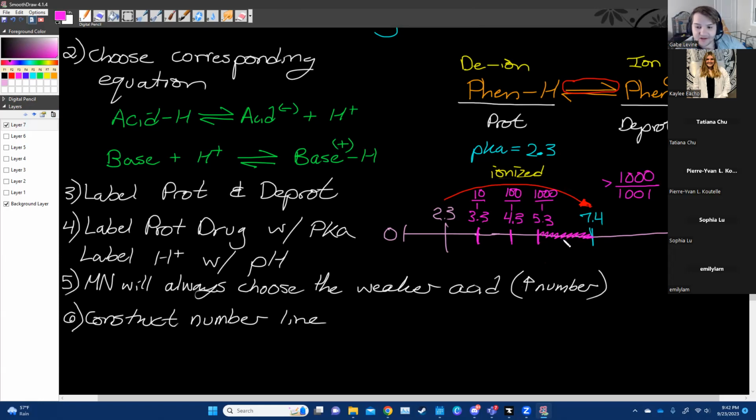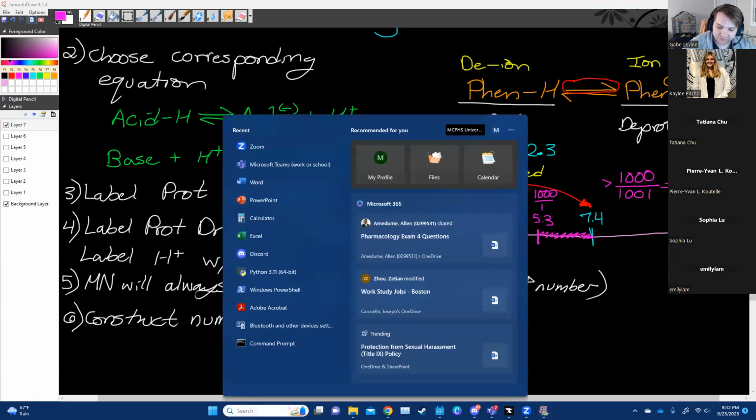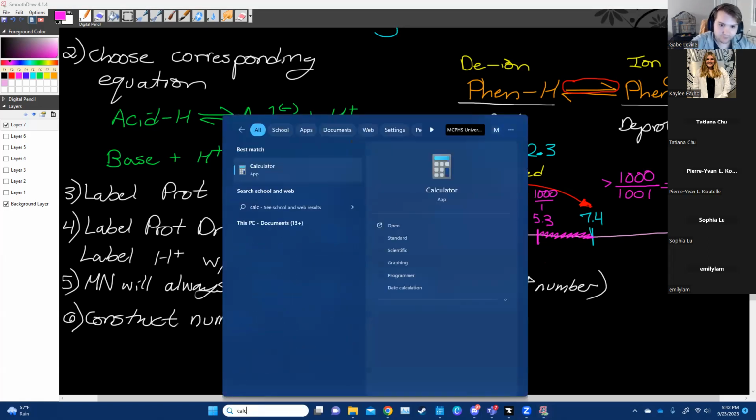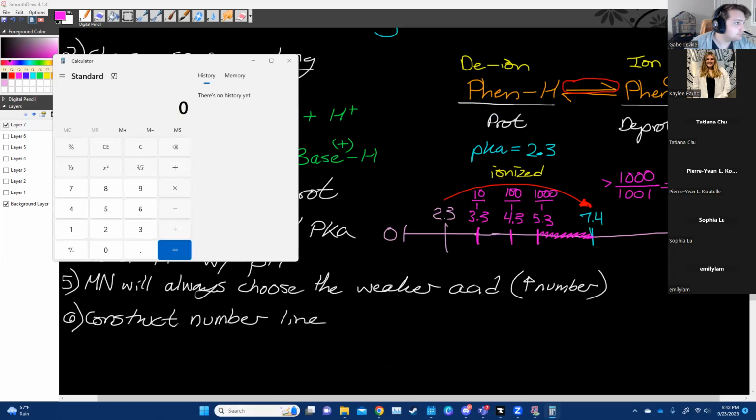Well, we could fill in 6.3, 10,000 over 1, but usually you're only going 3 steps at a time, and you'll see why in a second. Because if we divide 1,000 by 1,001, we get 99.9.